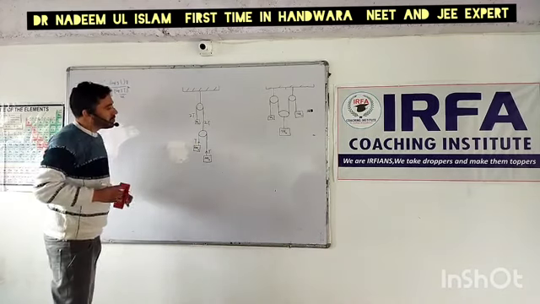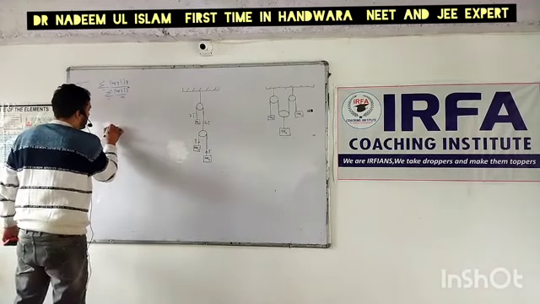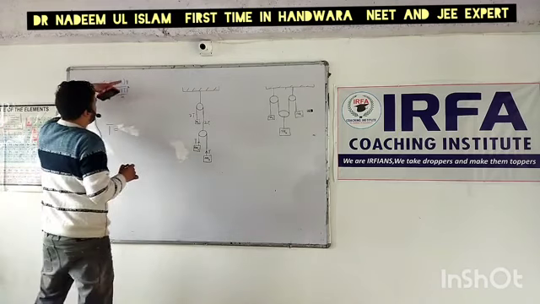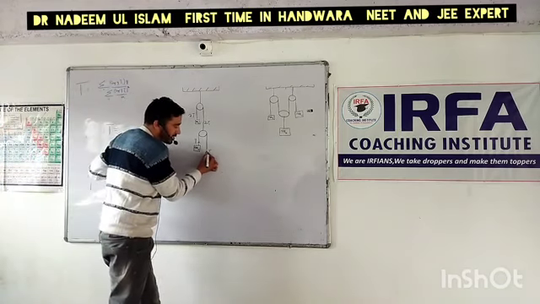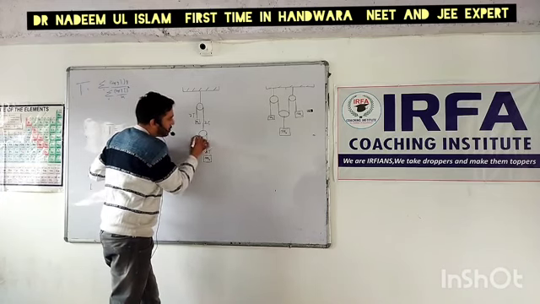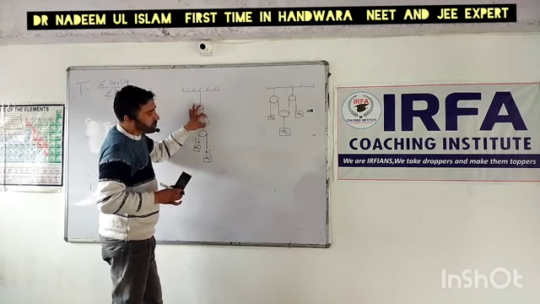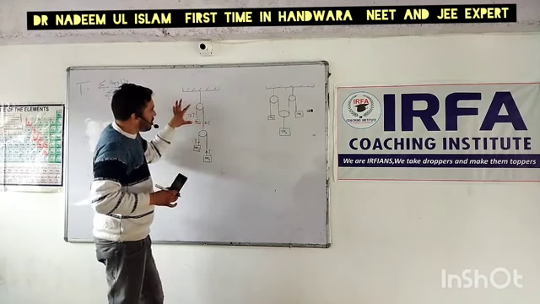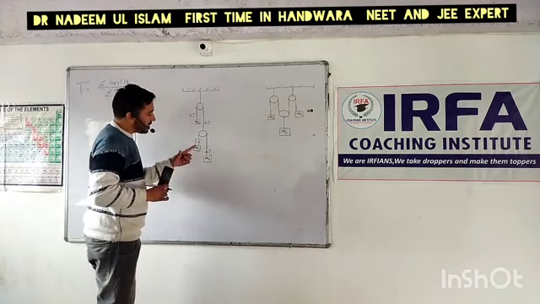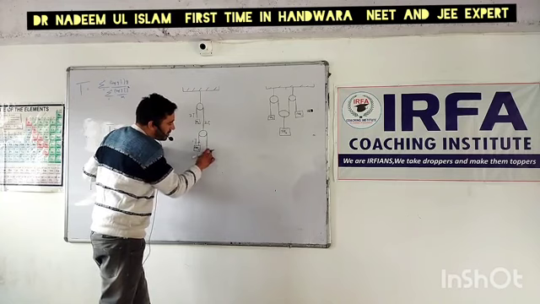Let me now calculate the magnitude of this tension. Using the trick here, my tension equals the summation of coefficients of tension. Look, what is the coefficient of tension here? It's 1. What's here? It's 1. What's here? It's 2. I will not take this coefficient into account because I have mentioned earlier that only those tensions need to be taken into account where the blocks of different masses are connected.